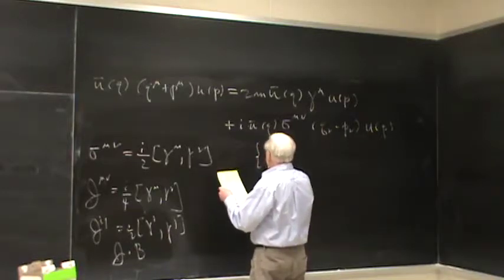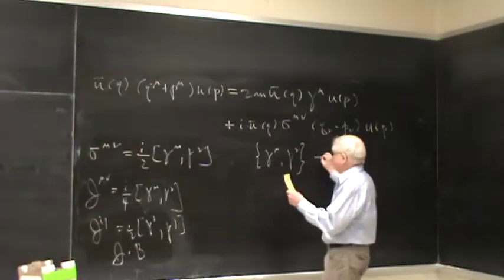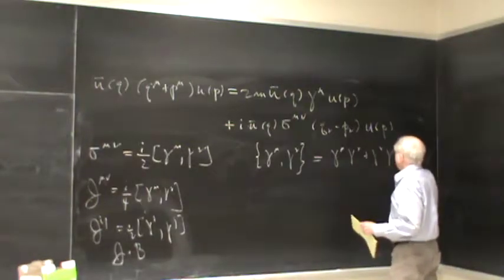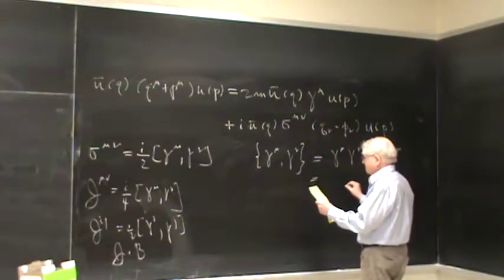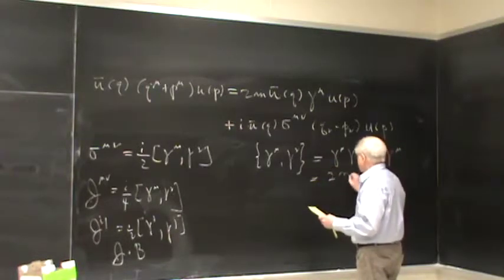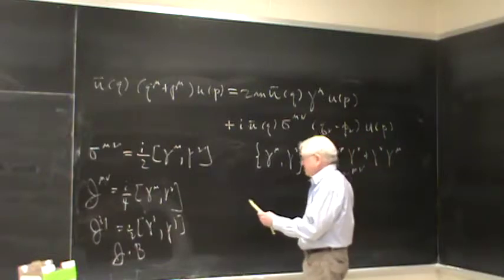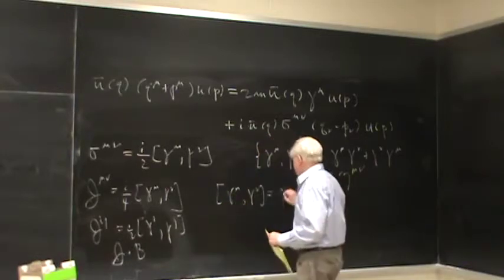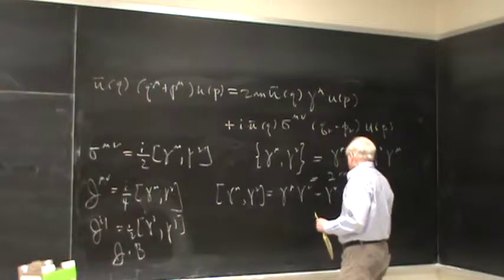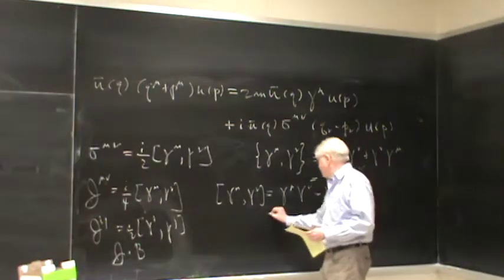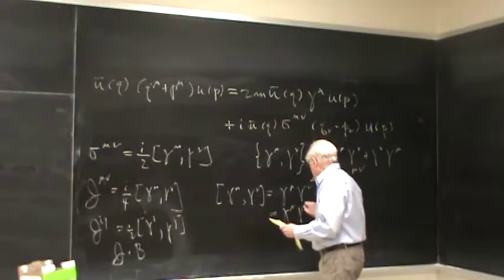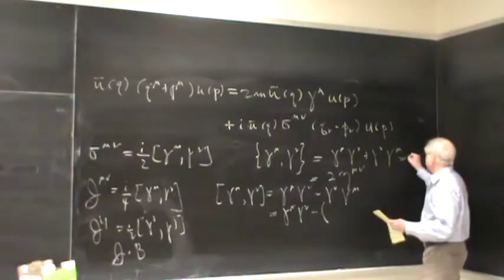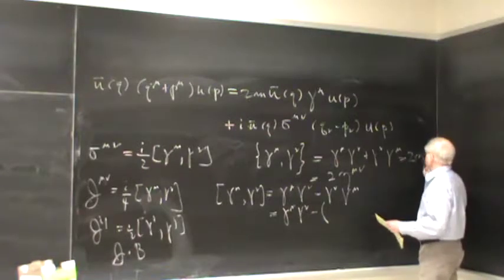Okay, let me prove this Gordon identity. First of all, you recall that the general definition of the gamma matrices is that the anti-commutator, or the symmetric product, is 2η^μν, and consequently the commutator [γ^μ, γ^ν], which of course is γ^μ γ^ν − γ^ν γ^μ, you can rewrite using the anticommutation relation.